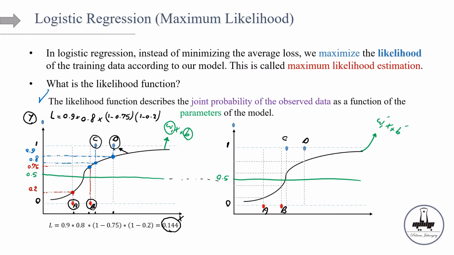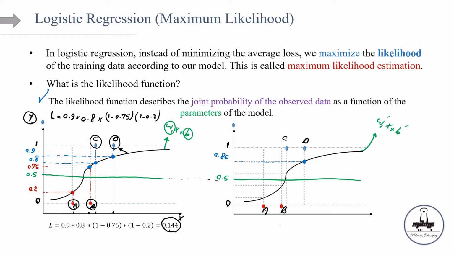Let's start with point D. What's the probability that point D is blue? Let's say this is 85%, right? And the model correctly predicted it to be blue because 85% is greater than 50%.